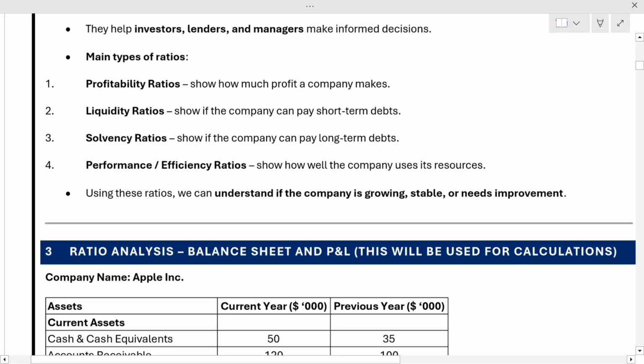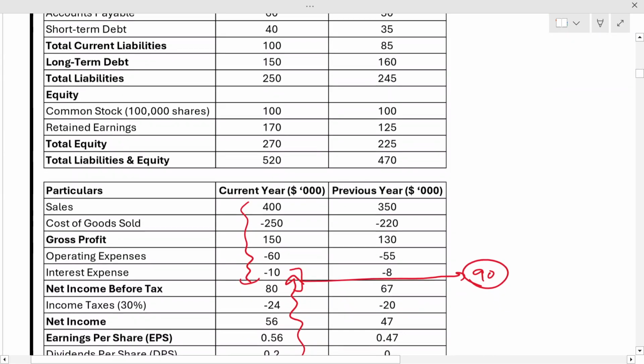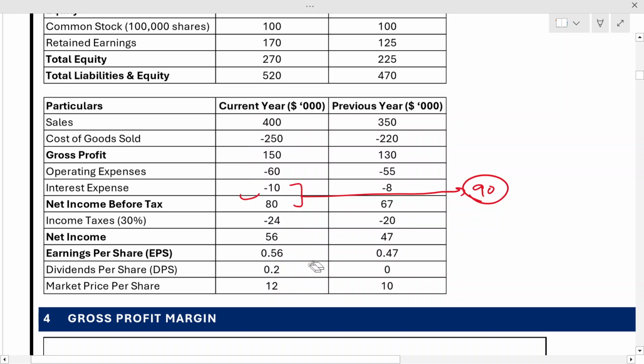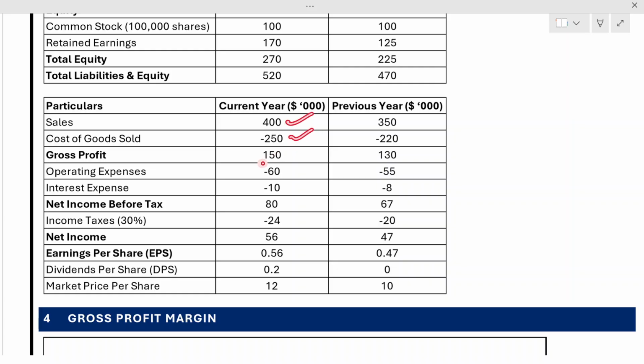Now if we go to our P&L above, we are taking this common example from a common P&L here. So let it get loaded for a moment. Yeah. So now if we see our P&L here, basically our sales was $400 and our cost of goods sold was 250, that gives us the gross profit of 150.